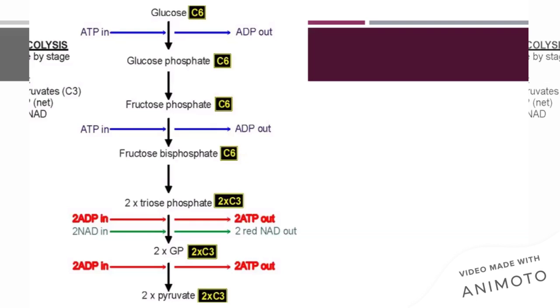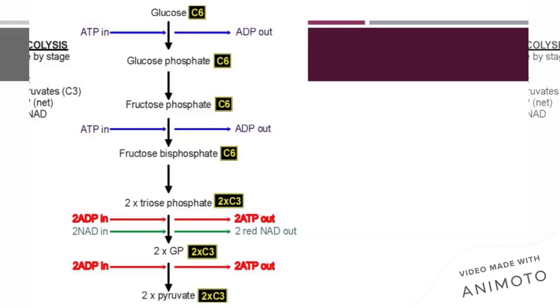You may want to state the other products of that in terms of the net production of 2 ATP and 2 reduced NAD, and then you introduce that the flow chart below summarizes the process.